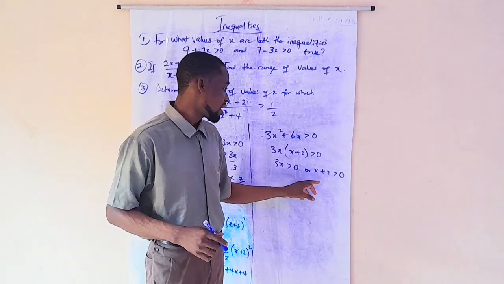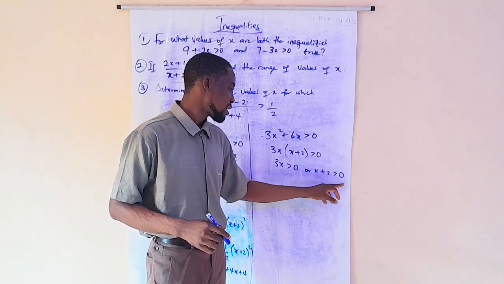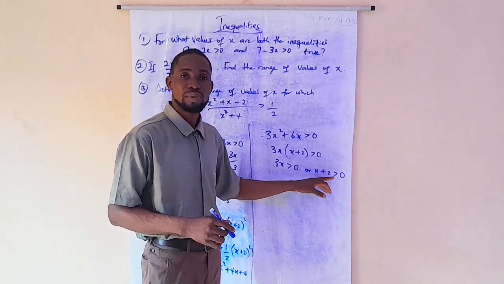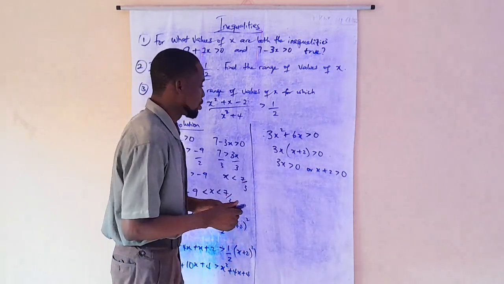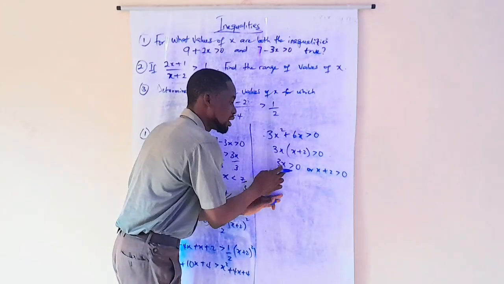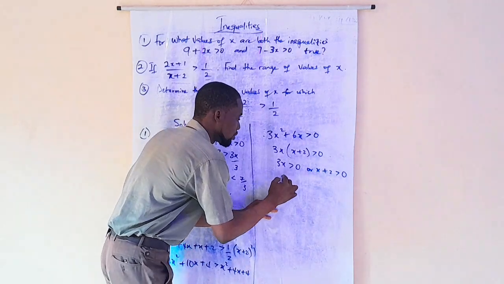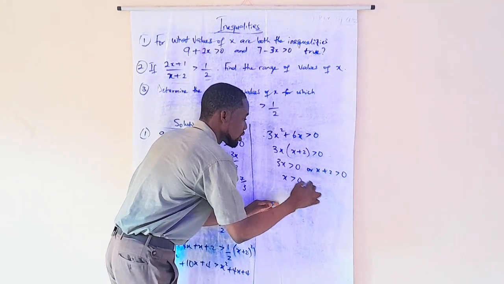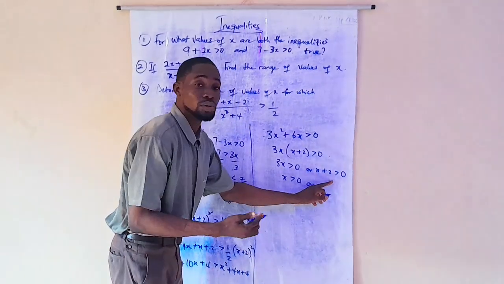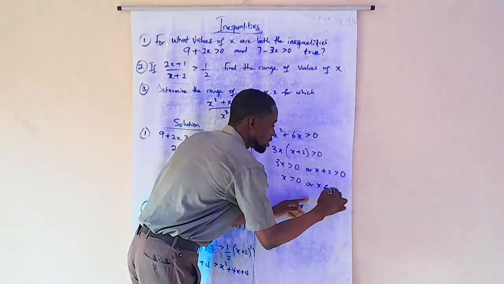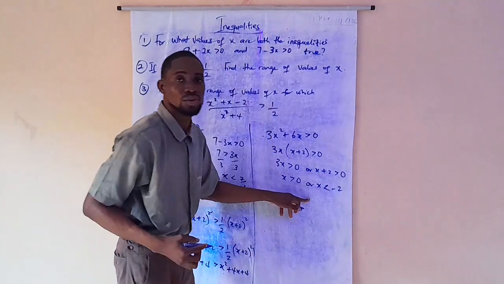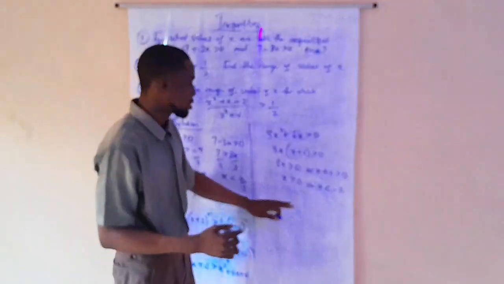If I take 2 to the right hand side, my x becomes minus 2. Now it means minus 2 is less than 0. So automatically, this will be left with the sign: x greater than 0. And for this, the sign is changed: x will be less than minus 2. As simple as that.